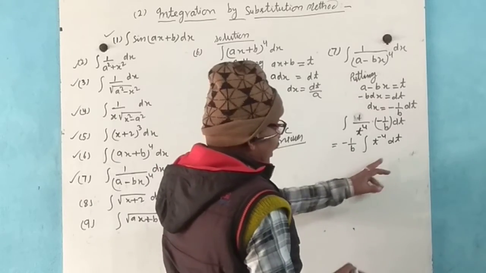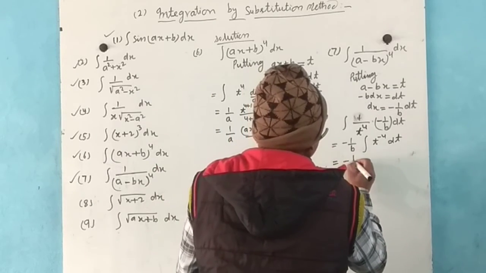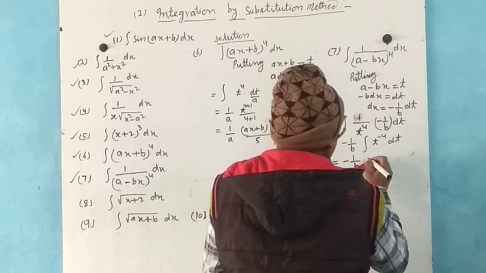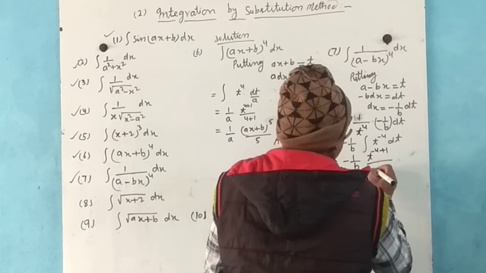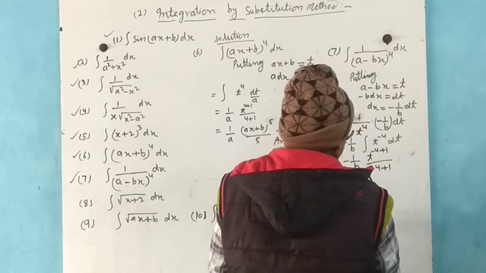Now integrating this, minus 1 by b and t to the power minus 4 plus 1 divided by minus 4 plus 1.